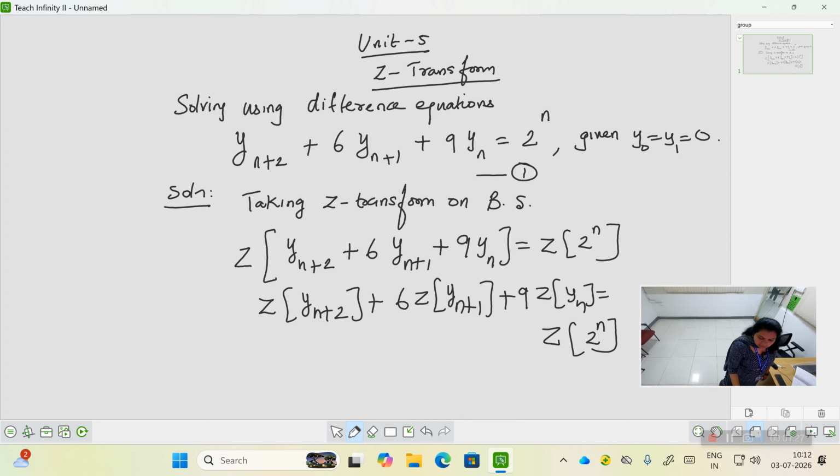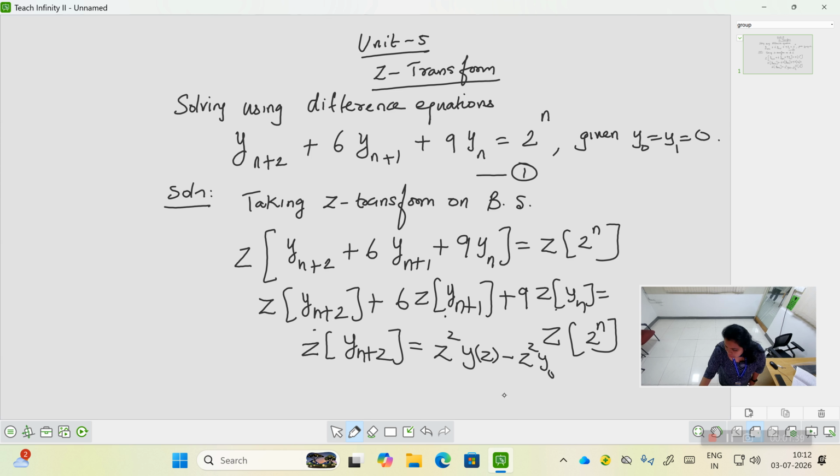So we have individually all the formulas for this. Z of y(n+2) is z square Y(z) minus z square y0 minus z y1. Similarly, Z of y(n+1) is z Y(z) minus z y0.